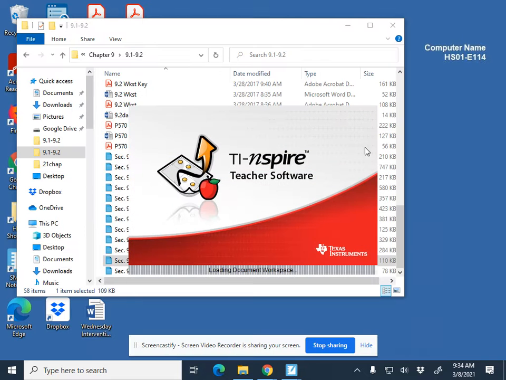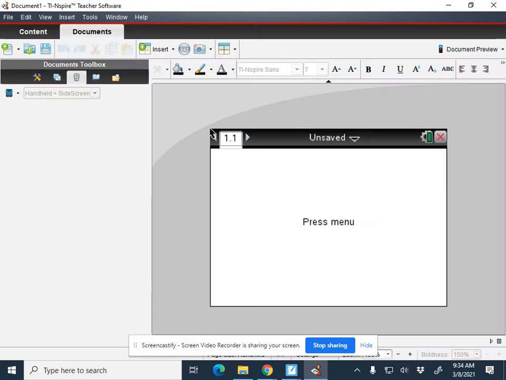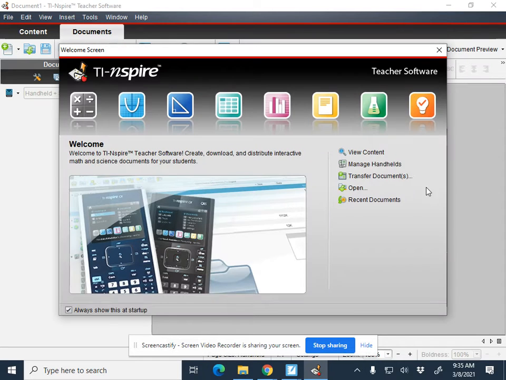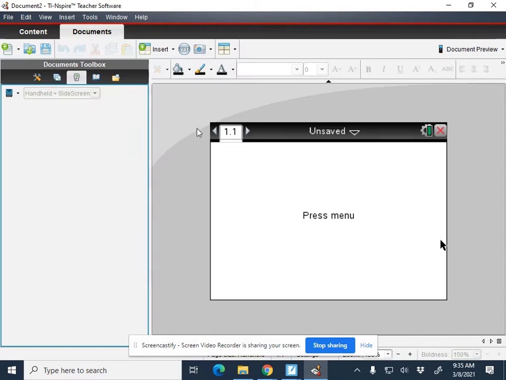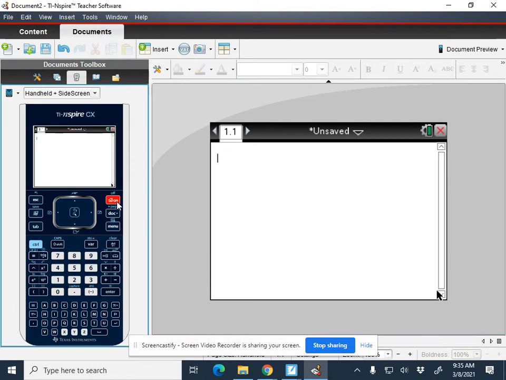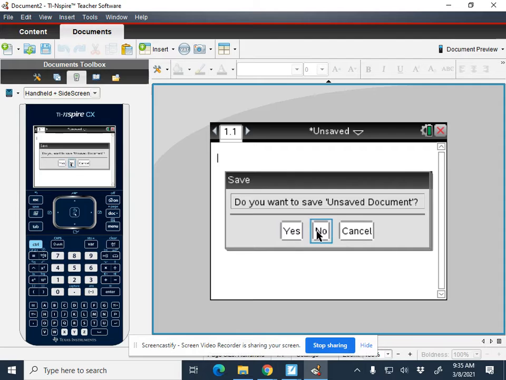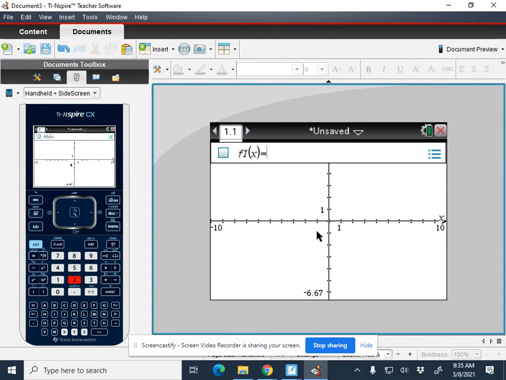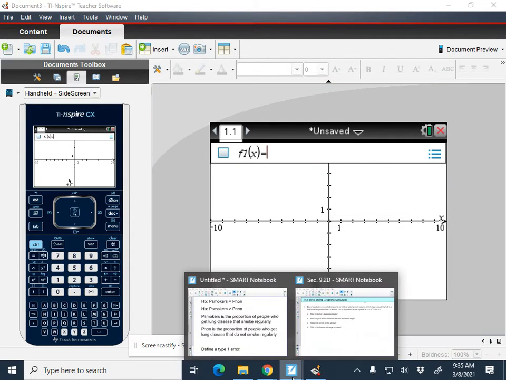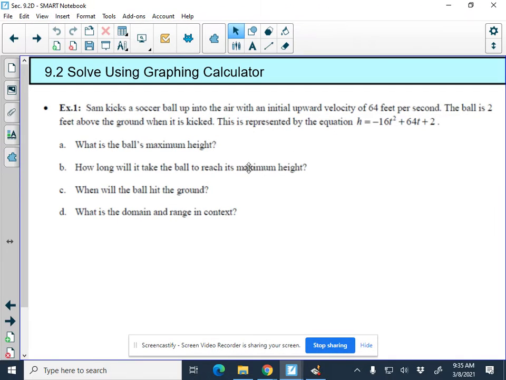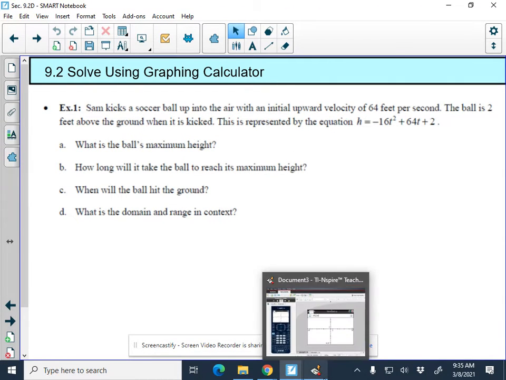So if you take your Inspire calculator, or if you're at home, use your Desmos. We got to add a graphing page. So y equals, and on this one, it has negative 16t squared.